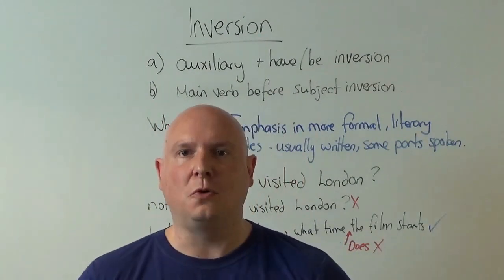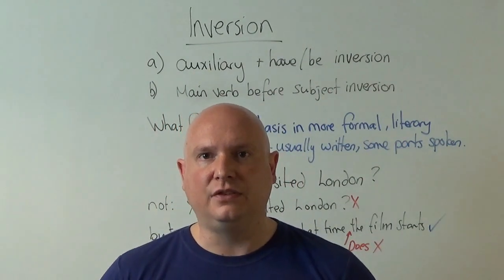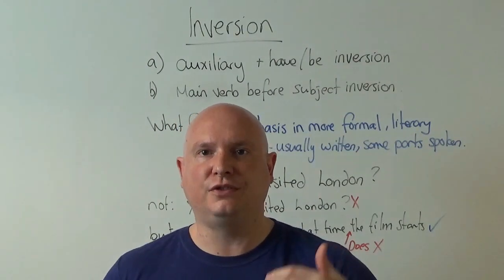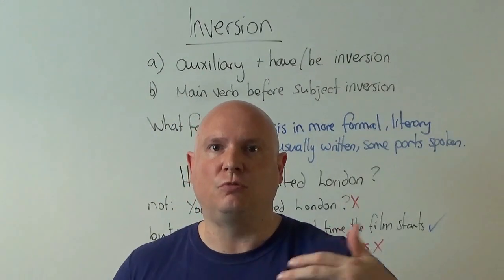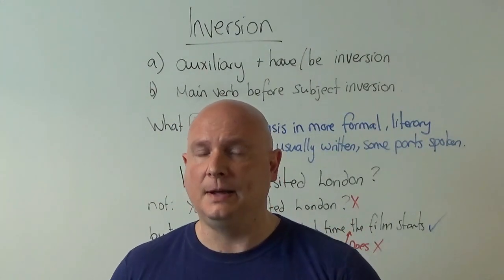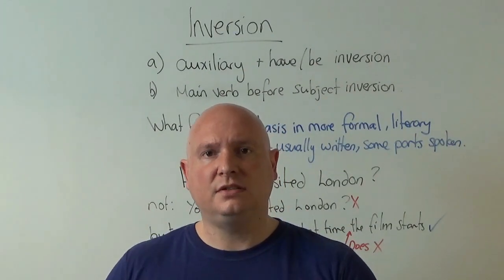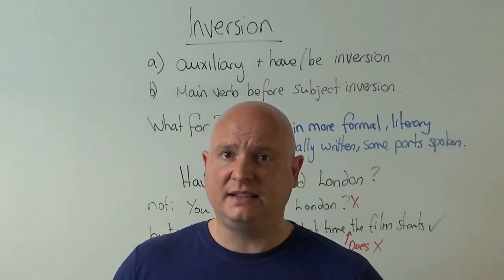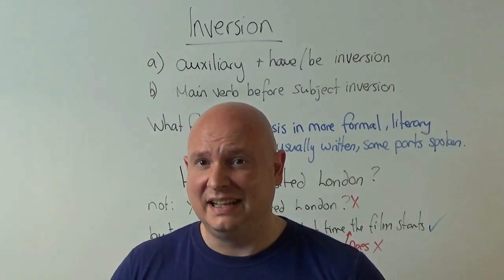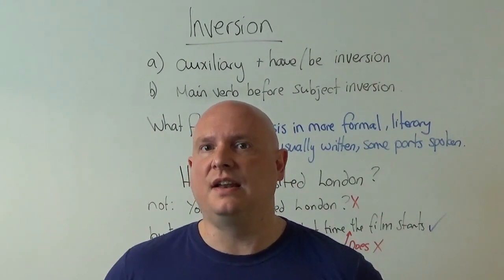So imagine you're in a CAE exam, writing a review, and you're trying to review a film, you're trying to make people interested in what you're writing, you know, to add some colour. And you say, Brad Pitt stars in this film and he directs this film. The English is correct, but it's really basic. It's not really colourful, it doesn't emphasise anything.